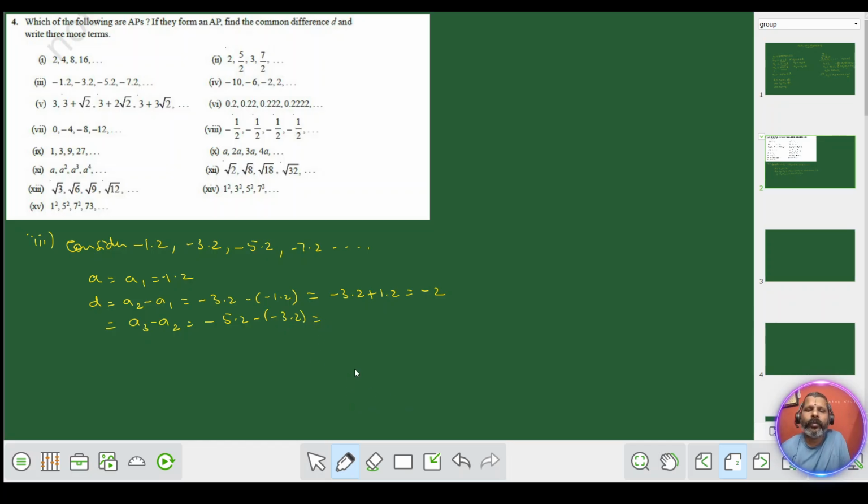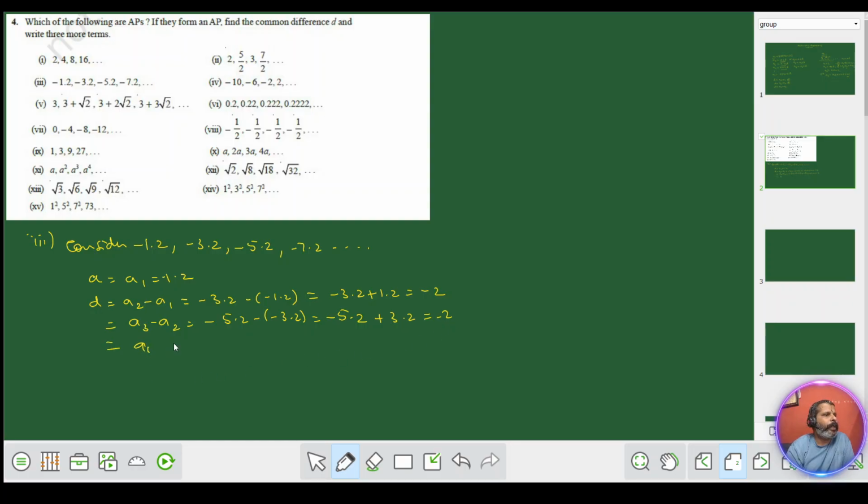Please make sure you substitute the values properly and add or subtract accordingly based on the signs. If you make mistakes, then we are gone. So minus 5 by 2 plus 3 by 2, that becomes minus 1.